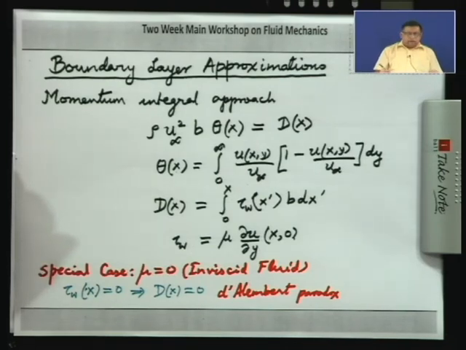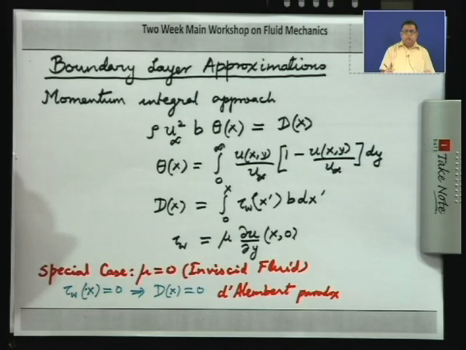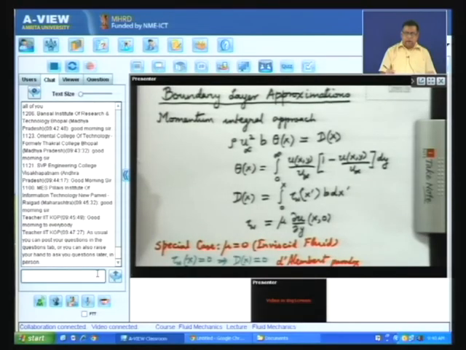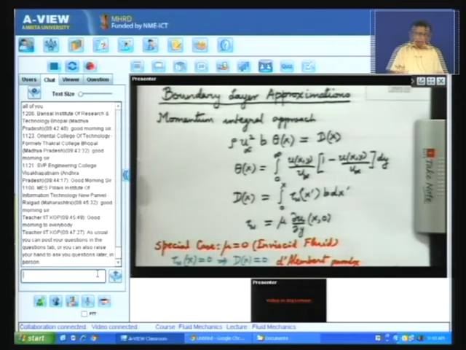However, we will see that sometimes in certain regions of the flow, the fluid flow behavior can be described by assuming that the viscosity is 0. That is done just to simplify the analysis. So, we will try to find out the conditions under which we can do that.